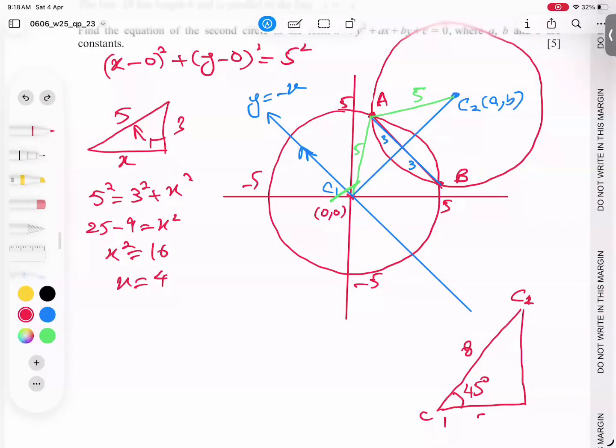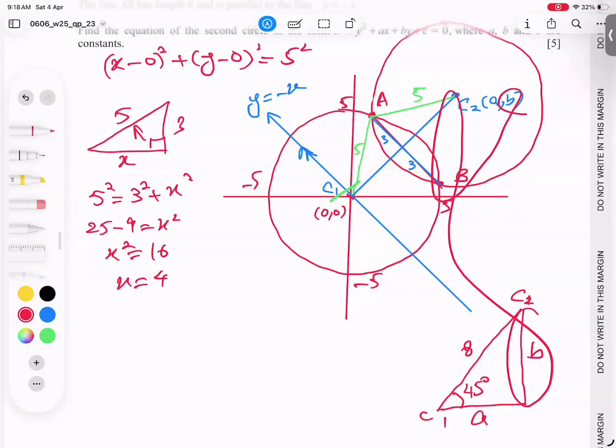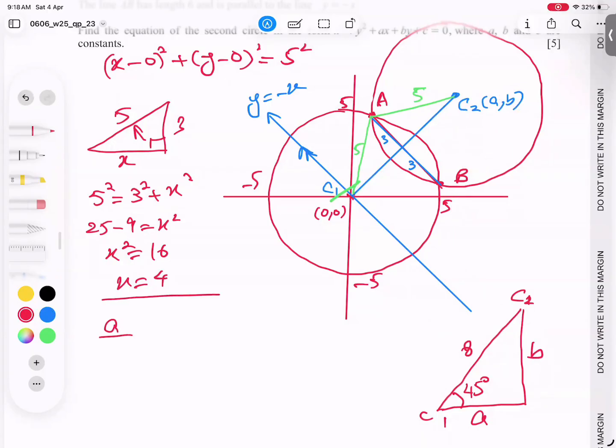So I'm looking for this x and y, or I can label this a and b. This distance is a and this distance is a, and this I label b and this I label b. So I'm looking for adjacent by hypotenuse, which is cos 45. And a over 8 equals cos 45, so a is 8 times root 2 by 2.